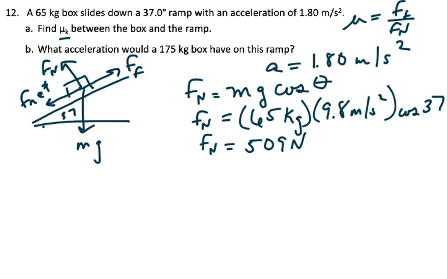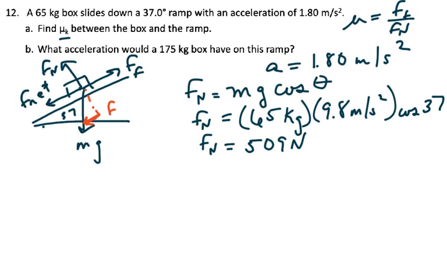Okay, so next thing we're ready to do is set up our net force expression. So we have this one, which is directed in the same direction as the net force.